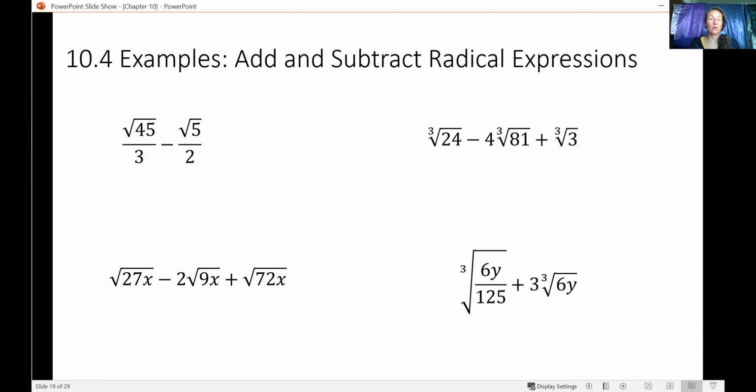Usually that means do the addition and subtraction, but also simplify any radicals we have and simplify any fractions we have. Okay, so let's take a look. Let's pop over to my whiteboard. There we go. All right.